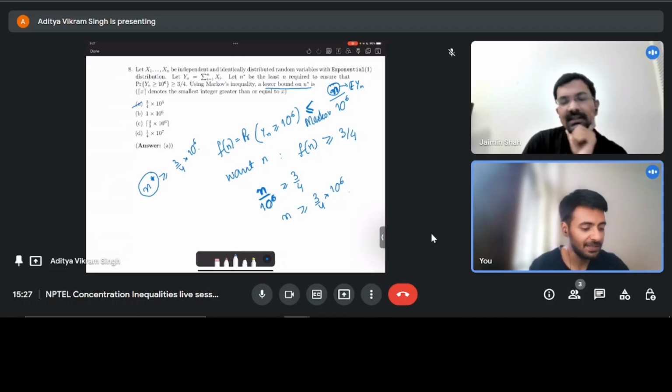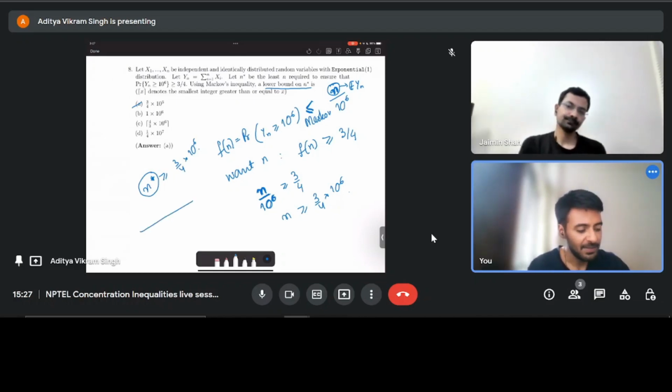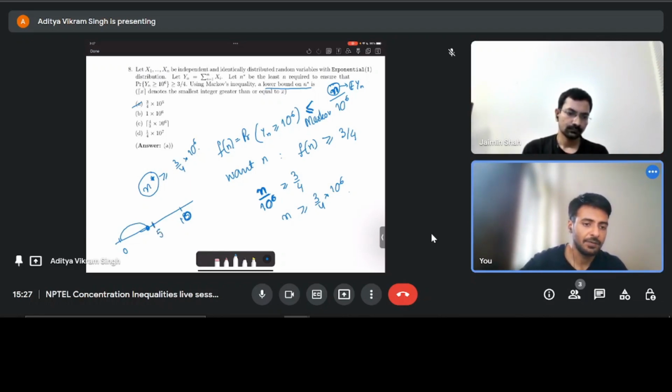But the thing here is this: if you want to reach 10 from 0, and we know the step size is something, but we don't know this exact value because it is very difficult to compute. We only know that it is less than or equal to 5, which we can get easily, suppose by Markov or something.